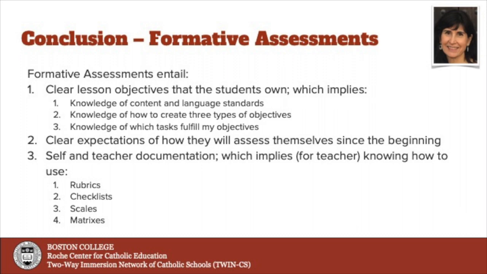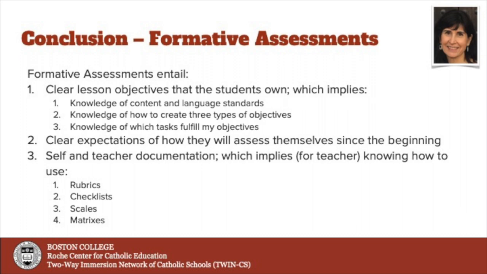And finally, it entails self and teacher documentation, which implies for a teacher knowing what they're going to be using. Is it rubrics? There are three types of rubrics. You can Google it, there's a lot of information about them online. Checklists, which is what I have been using in this course with you, and students are used to using for self-assessment.